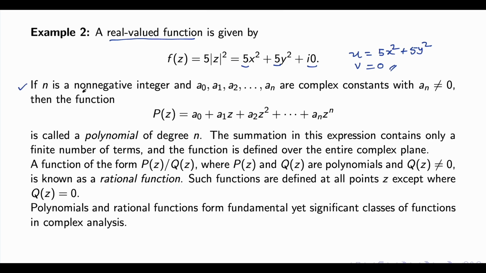And if n is a non-negative integer and a0, a1, and so on, an are complex constants with an not equal to 0, then the function P(z) can be written as a0 plus a1 z plus a2 z square and so on up to an z power n, such that an is non-zero. So this is called a polynomial of degree n. This is called the degree.